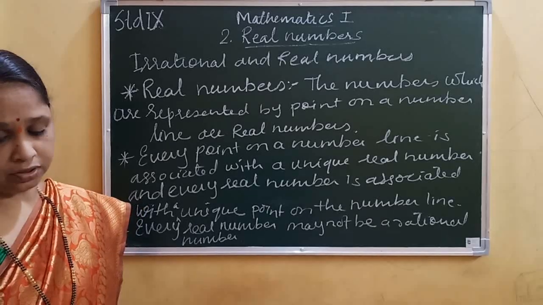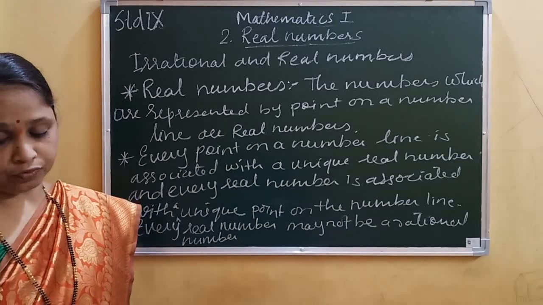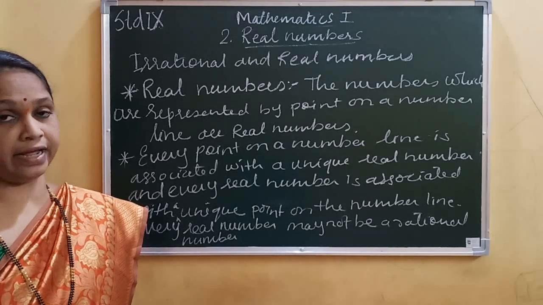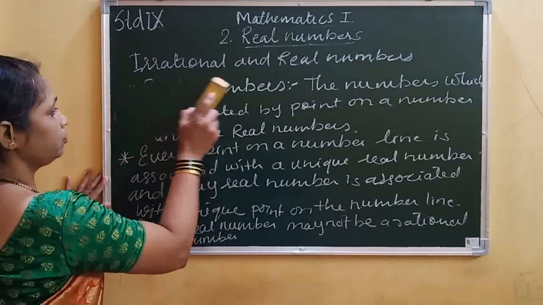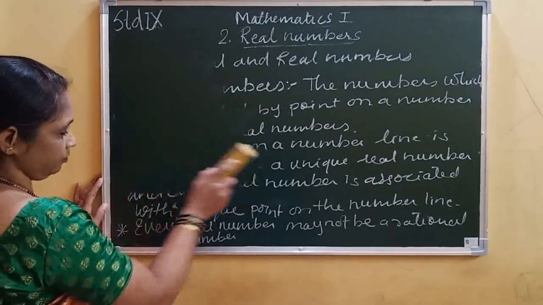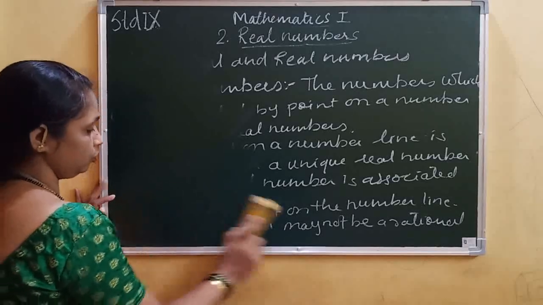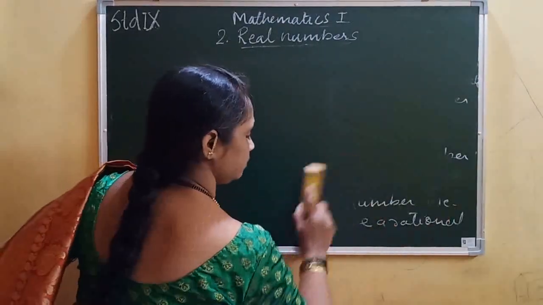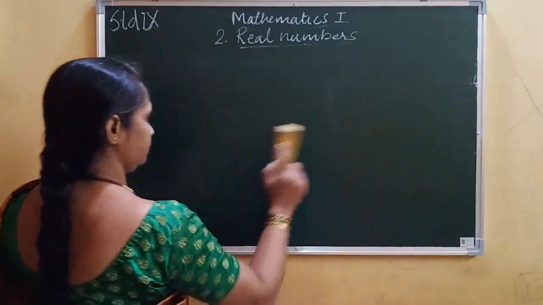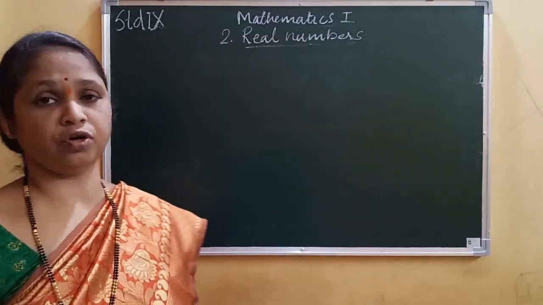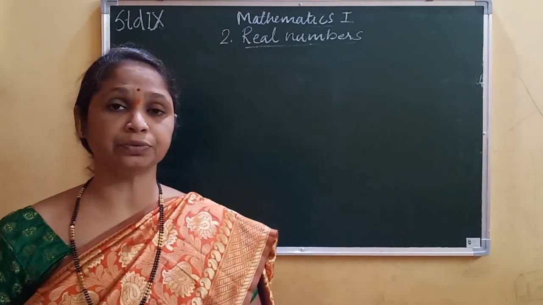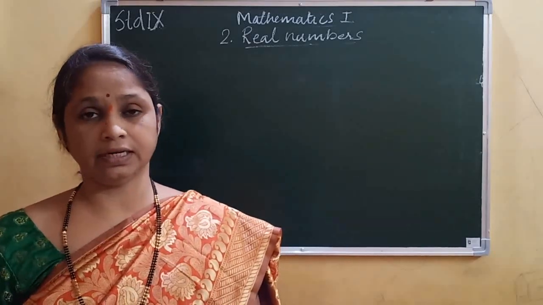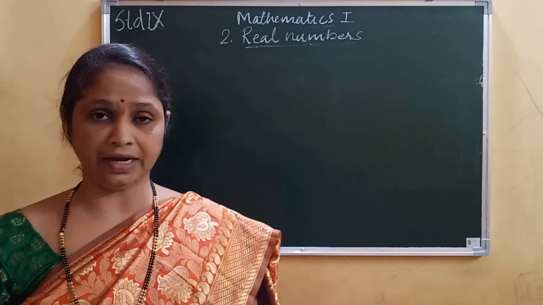Okay. Now, next we have to prove that root 2 is an irrational number. Now see, in geometry, in maths part 2, you have studied that there are two types of proof, direct and indirect.